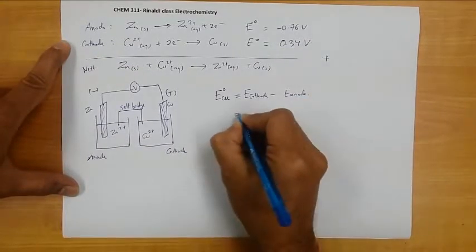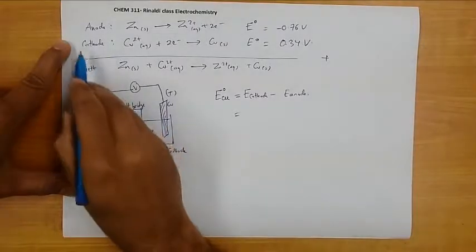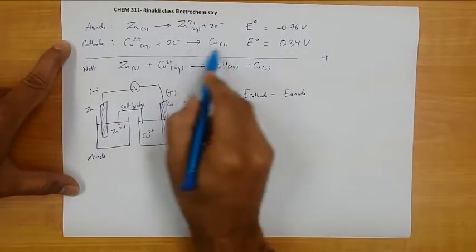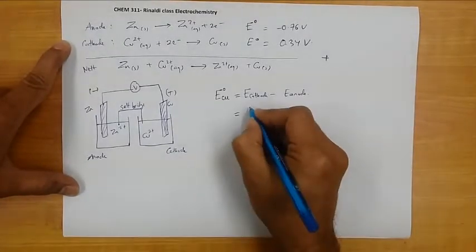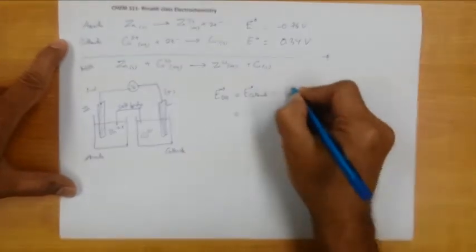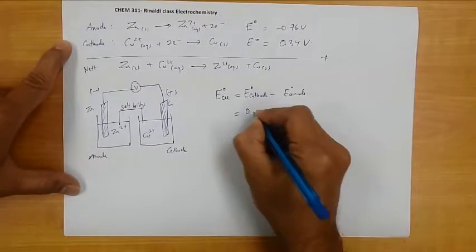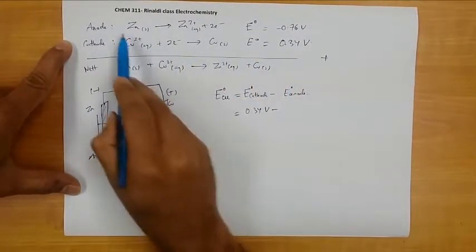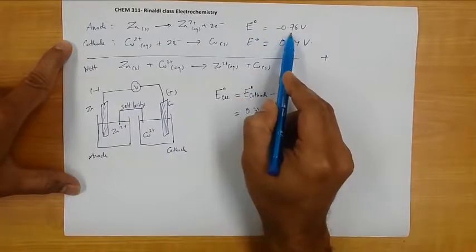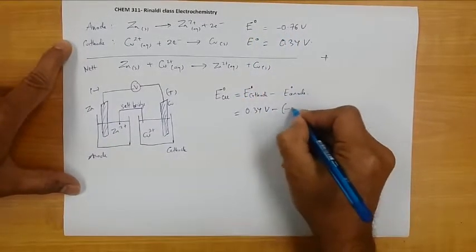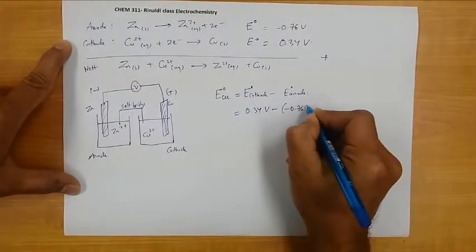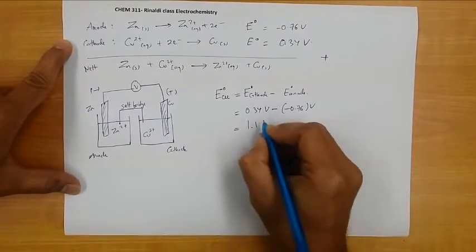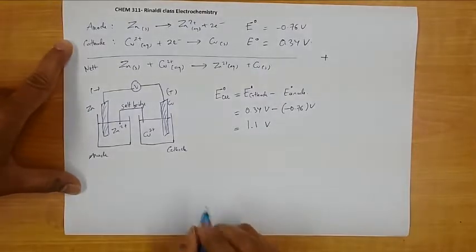Now, what do we use for the cathode? It is the copper half cell reaction, at standard condition. It's 0.34 volt minus what is the E of the anode? The E of the anode is from the table, minus 0.76 volt. So this will give you around 1.1 volt, positive 1.1.